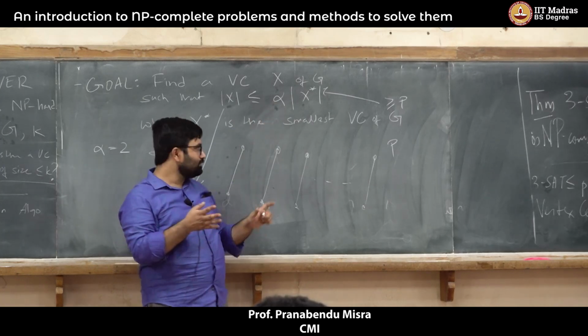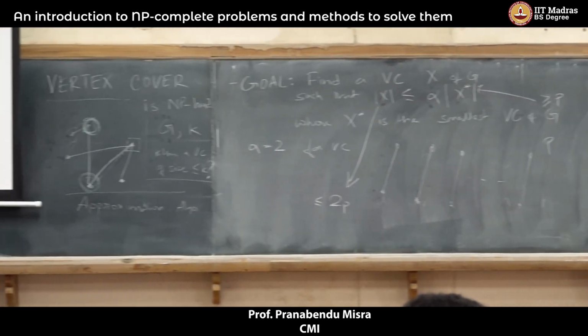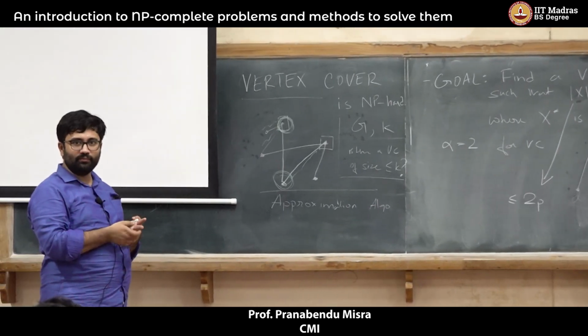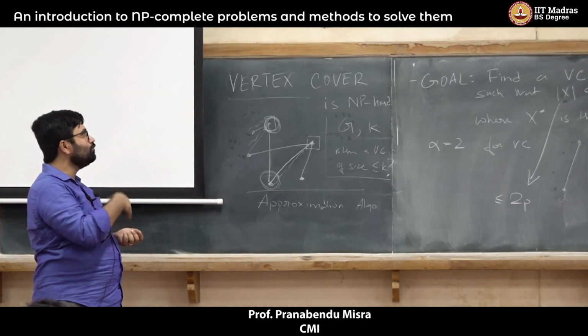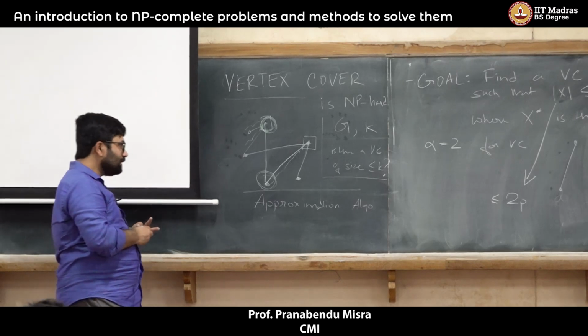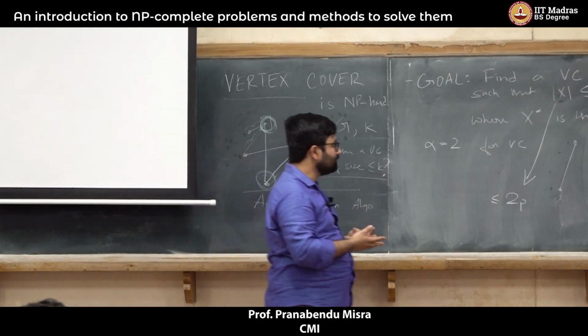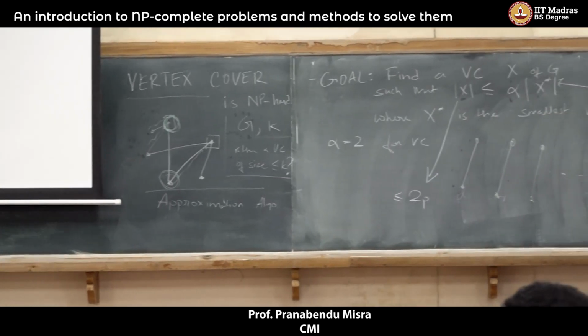So it's a very simple algorithm. This is an example of an approximation algorithm, a very simple algorithm which gives you a 2 approximation for vertex cover. Now, here are some things that I'm just telling you, which we will not go into. It turns out that this is the best possible.